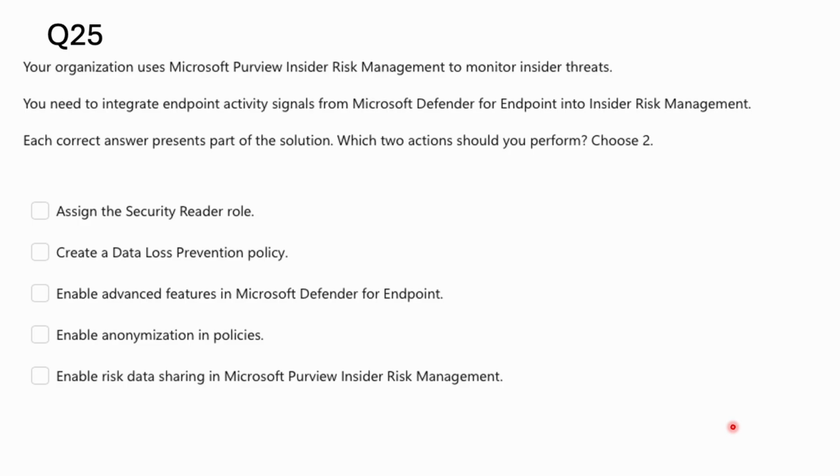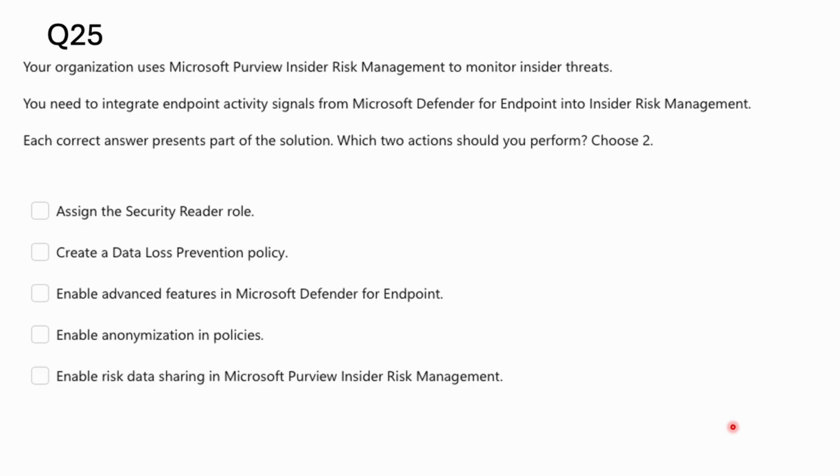In the Insider Risk Management settings of the Purview portal, you need to enable this option to share risk data with Microsoft Defender for Endpoint. This creates a bi-directional integration which allows insider risk management to receive endpoint activity signals, like file copy, print, and clipboard evidence, from Defender for Endpoint.